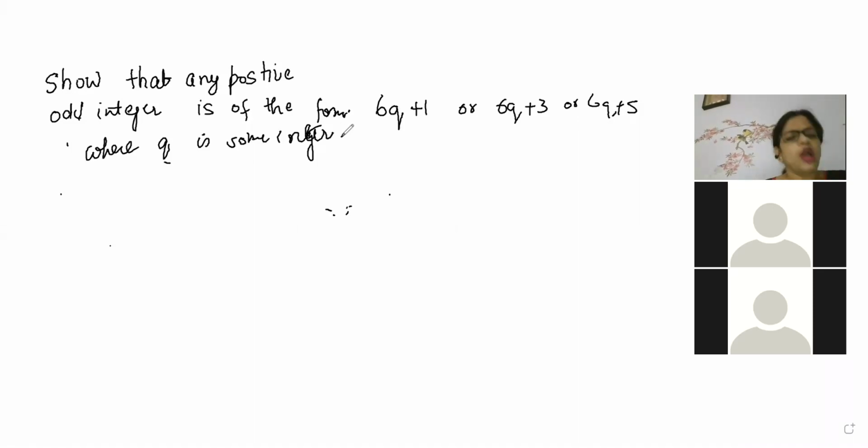They're telling that show that any positive odd integer is of the form 6q plus 1, 6q plus 3, 6q plus 5, where q is some integer.